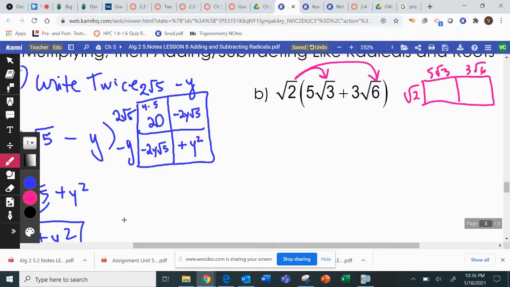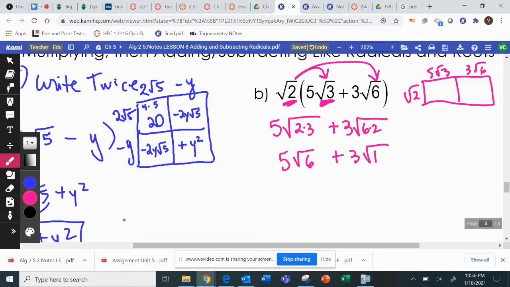When I multiply these together, I'm only multiplying things that are in the same location. So square root of 2 and square root of 3. So that would be like 5 multiplied by square root of 2 times 3 plus 3 multiplied by 6 times 2, square root of 6 times 2. So I get 5 square root 6 plus 3 square root 12.